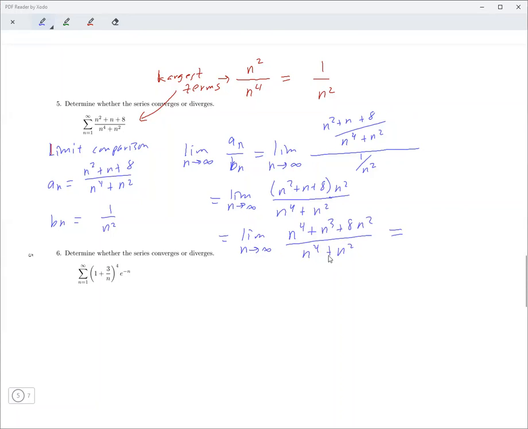Okay, what's that limit going to be? It's going to be 1 because you just look at the highest order term. They dwarf everything else. Everything else is insignificant. Another way to look at it would be to multiply the numerator and denominator by 1 over n to the fourth.